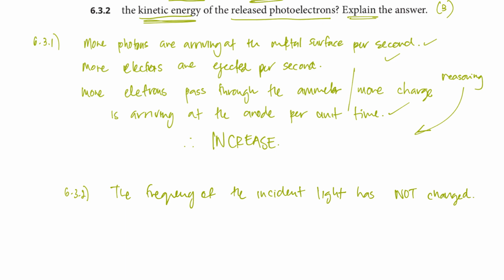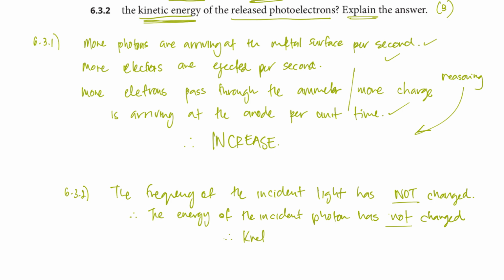Now, if that has not changed, it means, therefore, the energy of the incident photon has also not changed. If the frequency has not changed and the energy has not changed, it means that the kinetic energy has not changed.